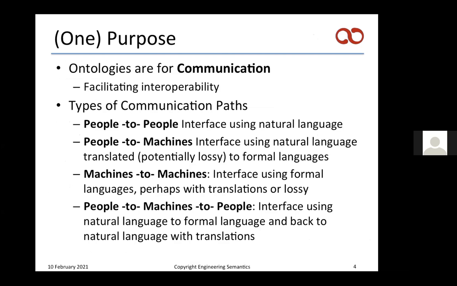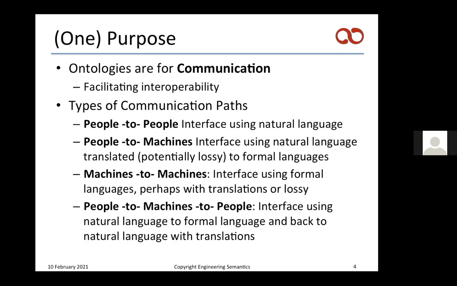So why do we want to have ontologies? What is one purpose of them? Well, I claim that ontologies are for communication. And of course, if you have good communication, then you're probably facilitating interoperability. Of course, interoperability is one of the practical uses of an ontology, but that interoperability manifests itself through the ability to communicate.